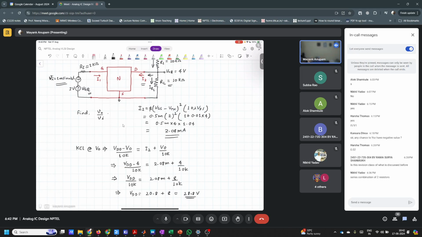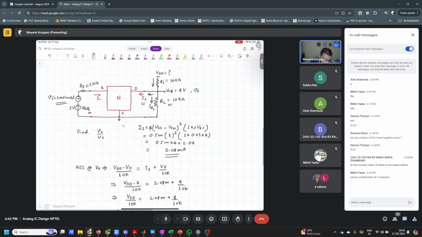I have applied an incremental voltage here, which is 1 millivolt times sine omega naught t, something like that. What is the incremental voltage that will appear at the output? We have the output VOQ, and there will also be a small voltage VO. How do you find it out?